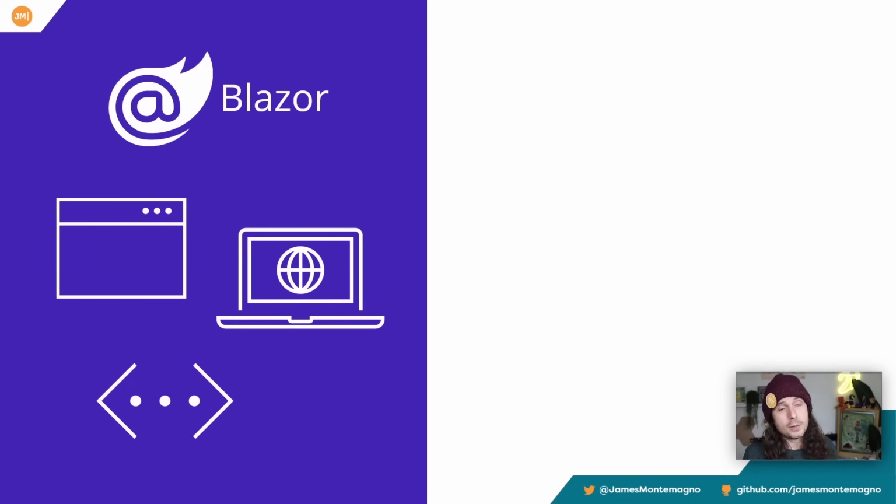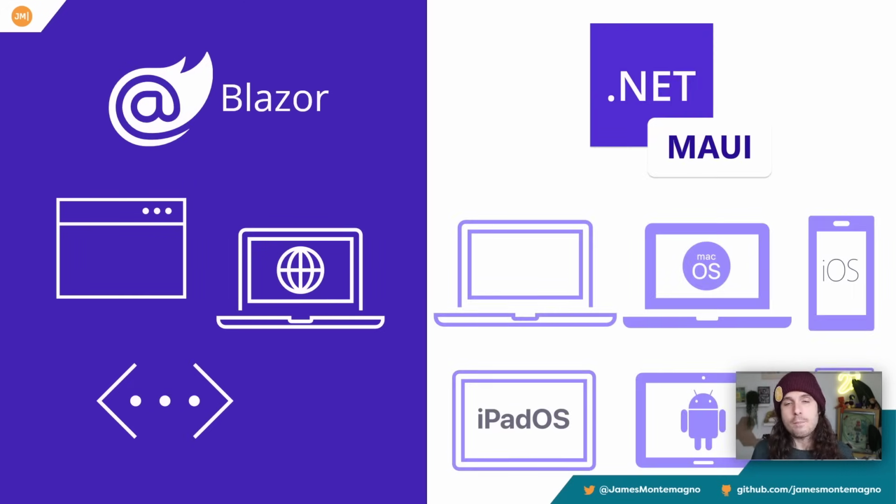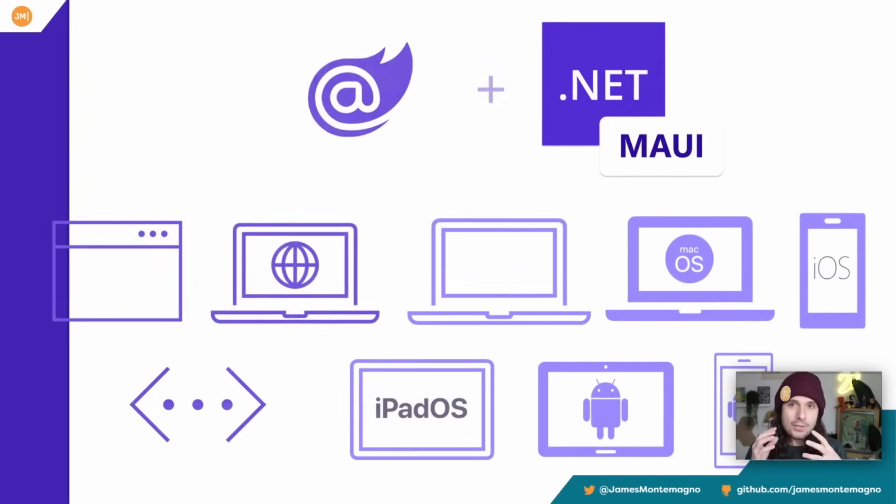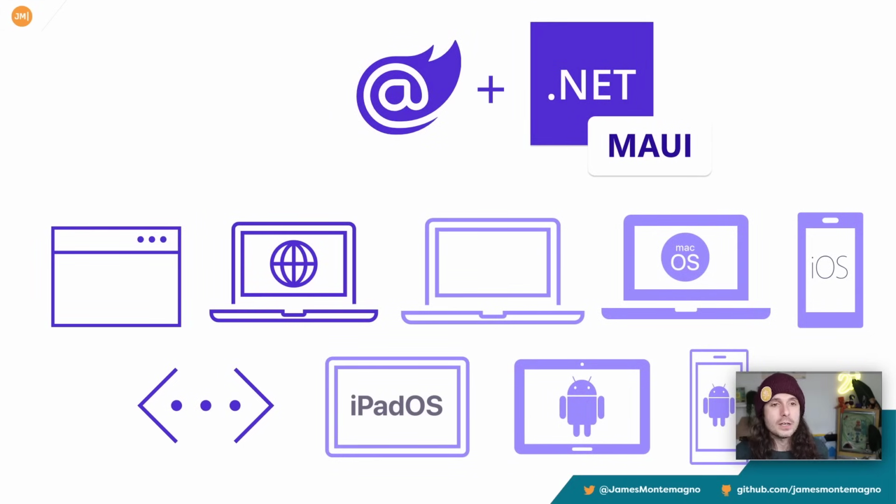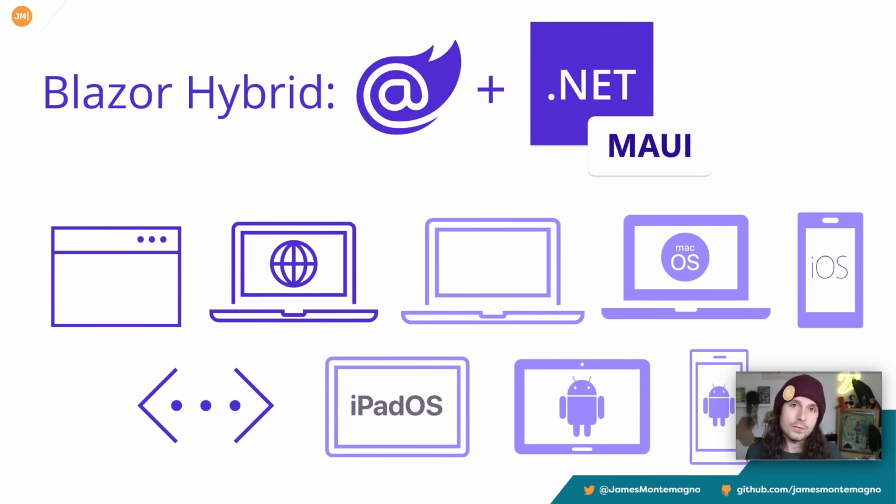So if you think about it here, Blazor on the left-hand side is your traditional web. Over here, MAUI on the right-hand side, it gives you access to Windows, Mac, iOS, and Android. And then together with Blazor Hybrid, you get to take advantage and target all of those different platforms. So that's really, really cool.